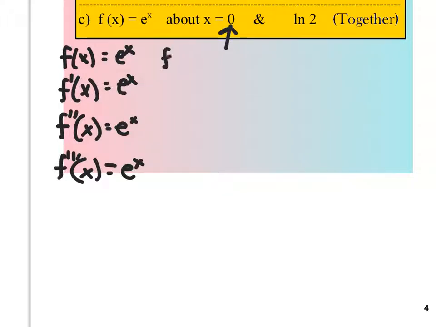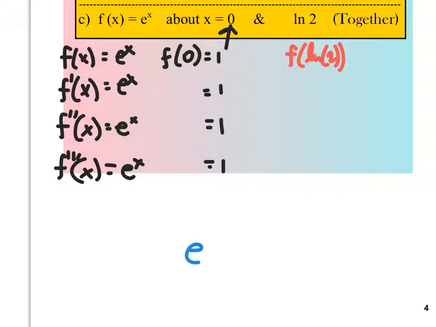What is f of 0? It's going to be 1, and the rest of these are going to be 1 as well. In a moment, we're going to do f of natural log of 2. E to the natural log of 2 is just going to be equal to 2. So each of these will be 2. Now they'll be centered at a different location, but at least they'll all be 2.